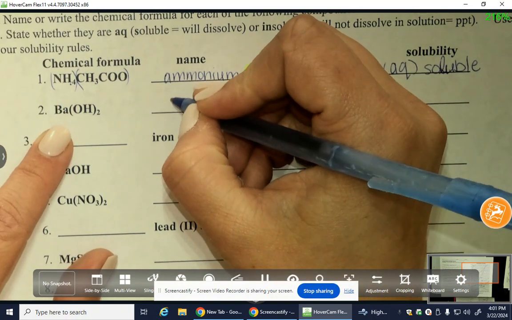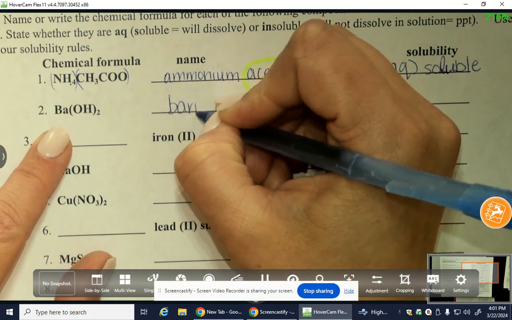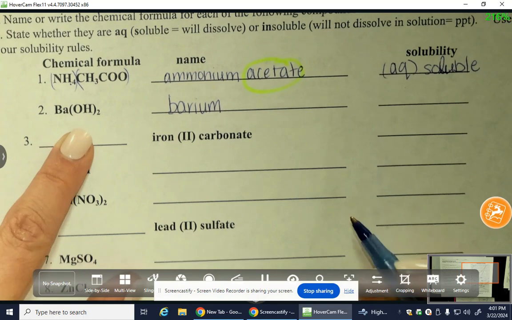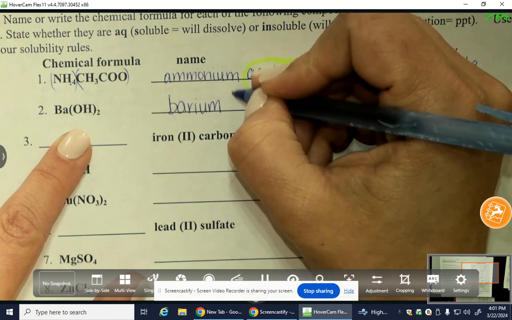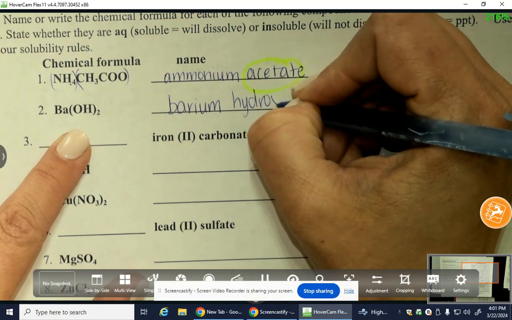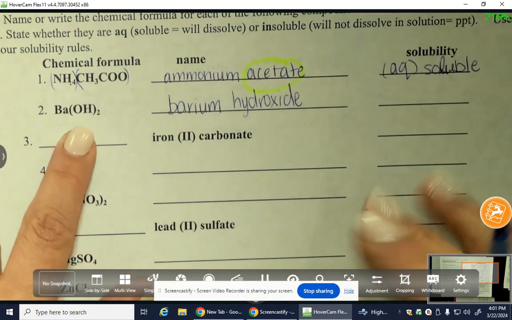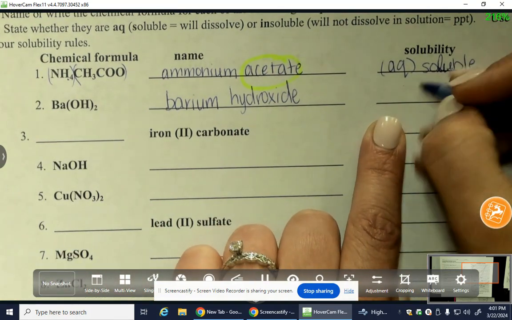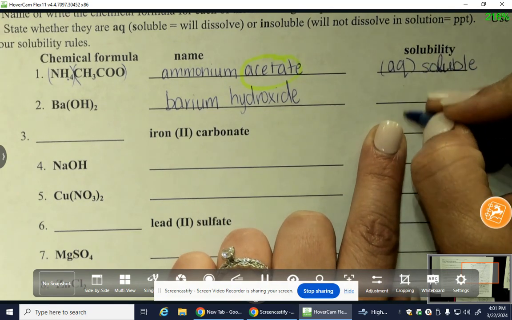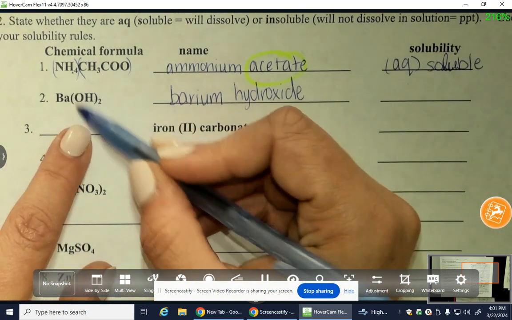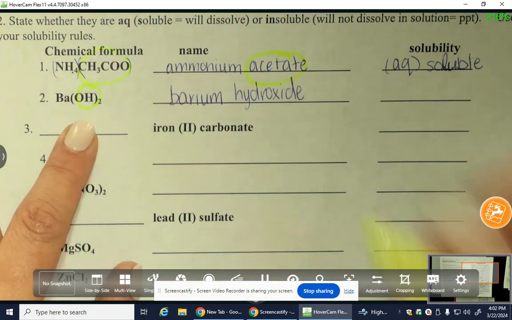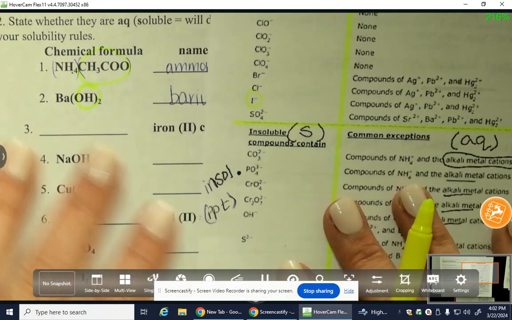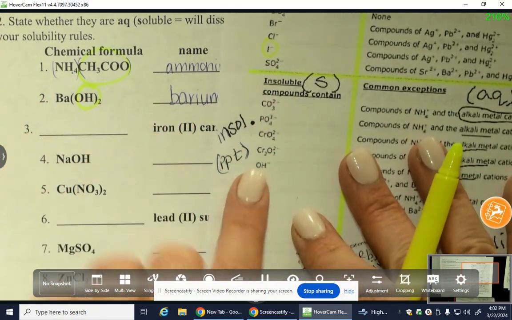All right, number 2. Ba, that is barium. Who is OH? Hydroxide. Good. We're going to be seeing that one a lot in acids and bases in the next chapter. It's one of our strong bases. So we find hydroxide on our list. Oh, it's down here.